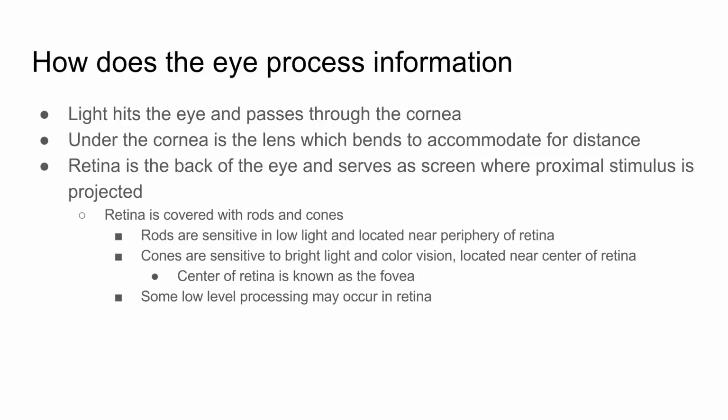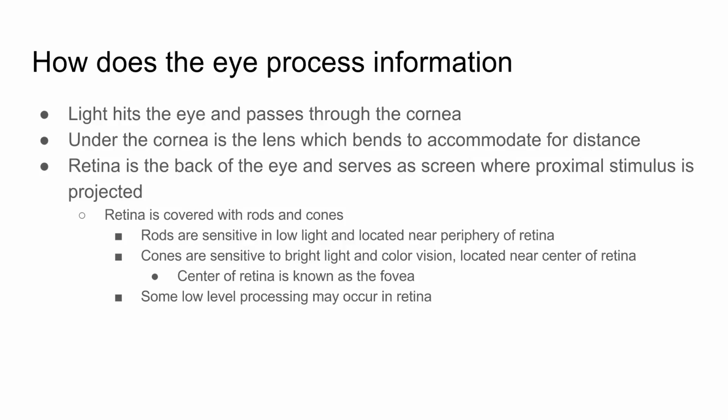Directly under the cornea is a thing called a lens. The lens bends to accommodate for distance, for what you're trying to look at. If you're trying to look at something closer or further away, the curvature of that lens will shift depending on where your eye needs to focus. And that's where the light goes through next.